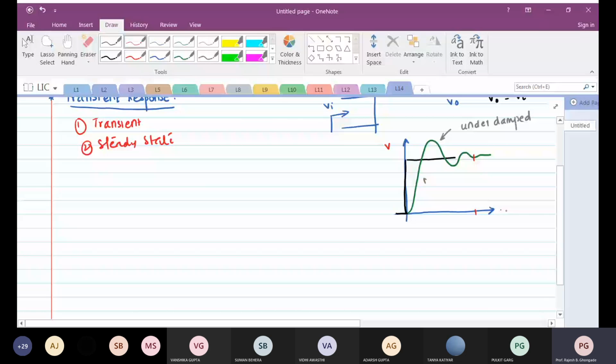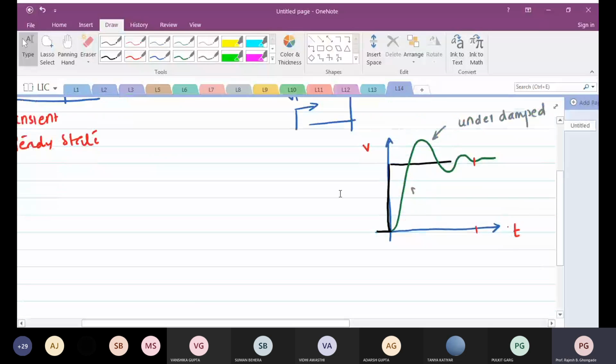Now look at this carefully. The parameters which we see as far as the transient response are concerned are what is called the rise time, okay, and the percentage overshoot.